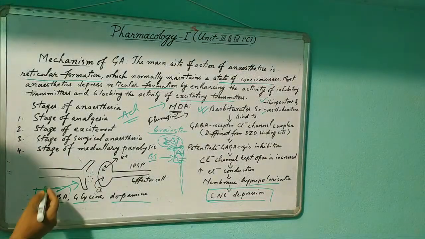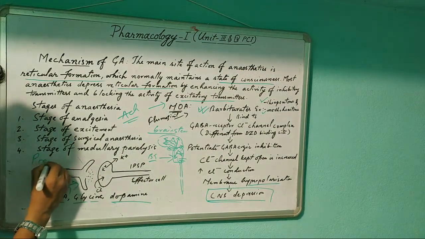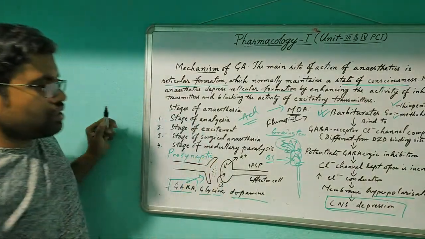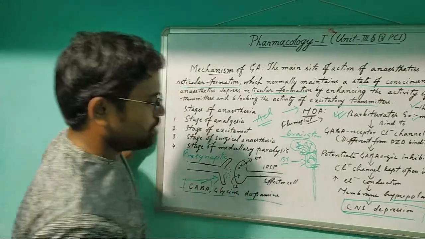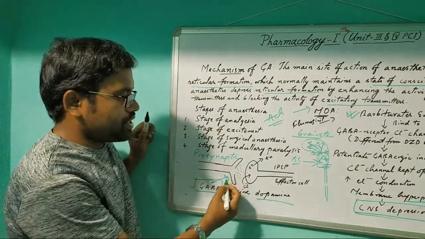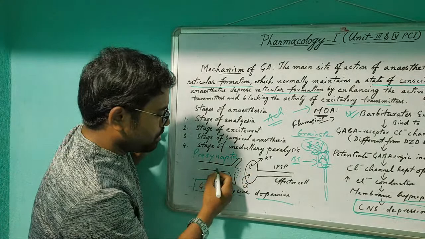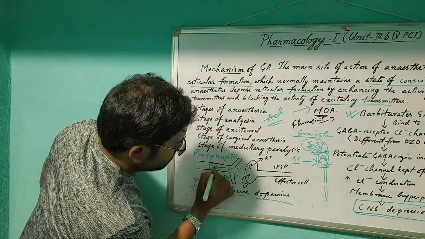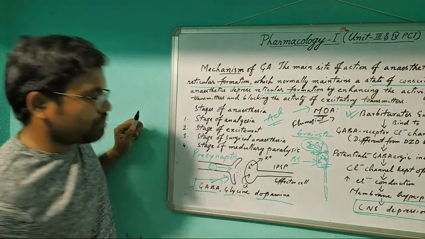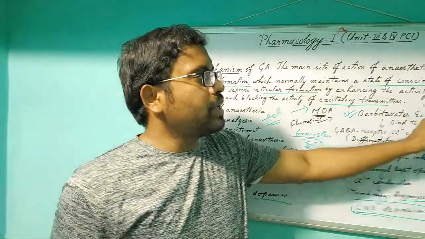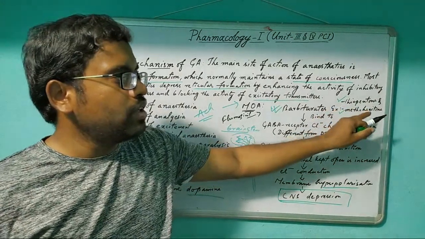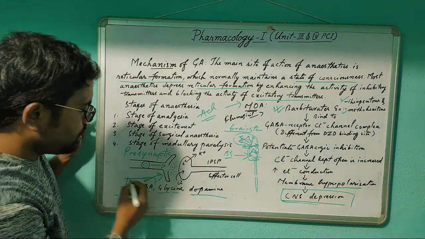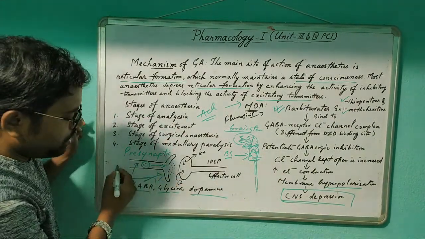Here this is the presynaptic nerve, and this is the postsynaptic nerve. At the end of the presynaptic nerve, some neurotransmitters are always released. In this case, GABA or GABA-like drugs like thiopentone sodium or methohexitone are released after opening the sodium channel.